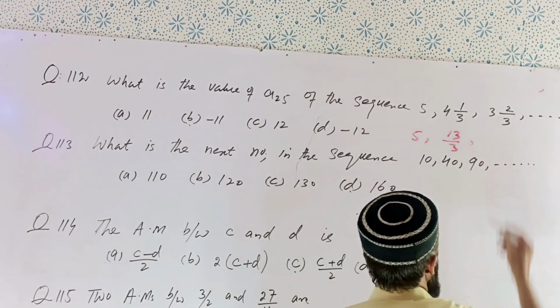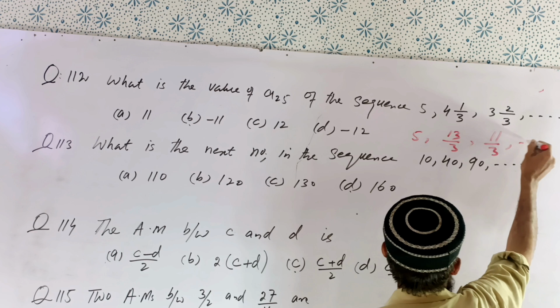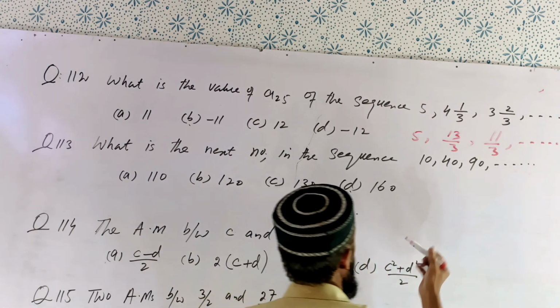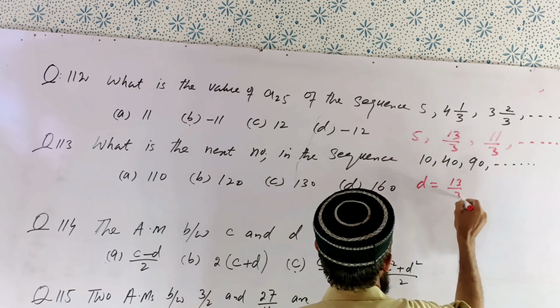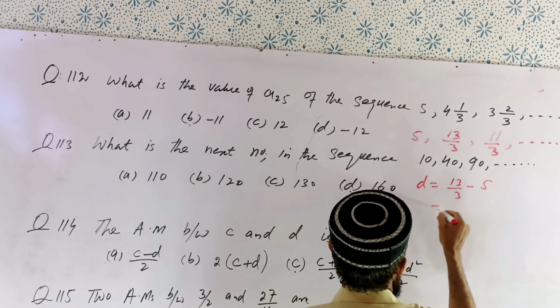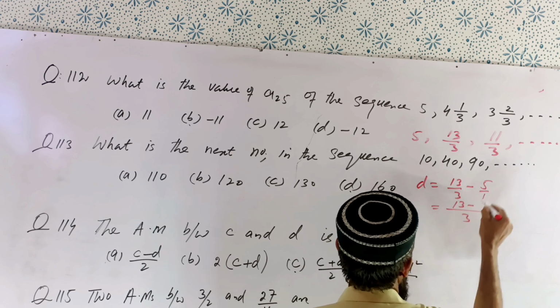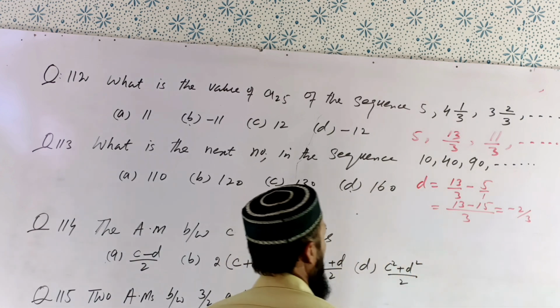Similarly, 3 multiplied by 3 is 9, 9 plus 2 is 11, so 11 divided by 3, and so on. Now we are finding the common difference. The common difference is the second value 13 divided by 3 minus 5. So 3 is the LCM: 13 minus 3 times 5, which is 15. So we get minus 2 divided by 3.